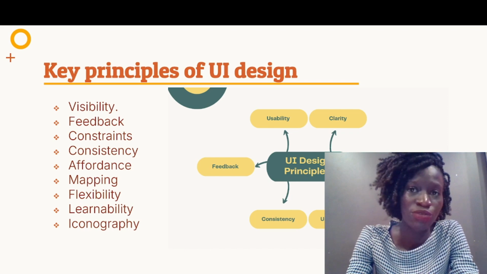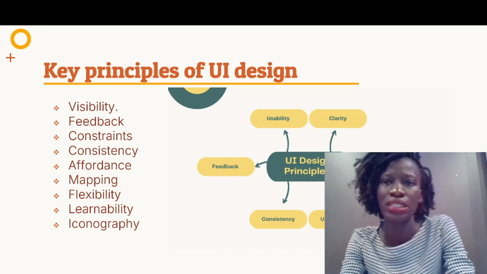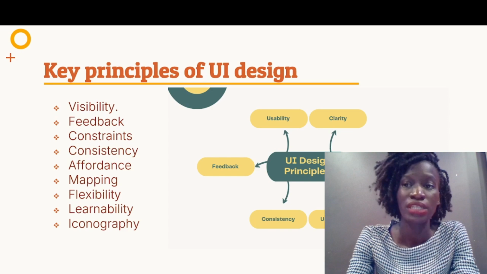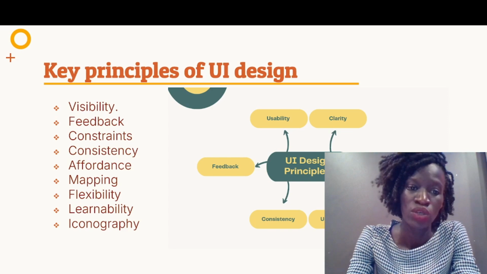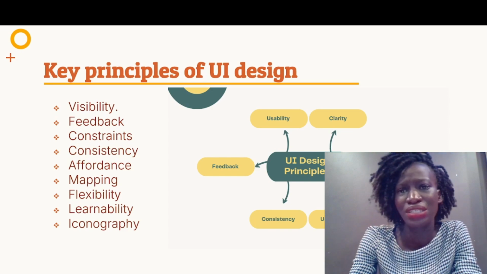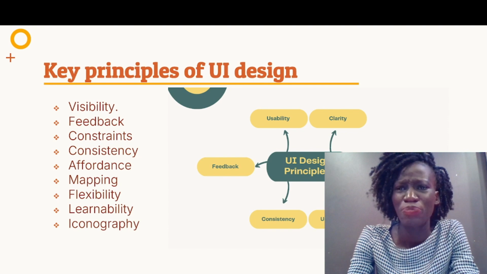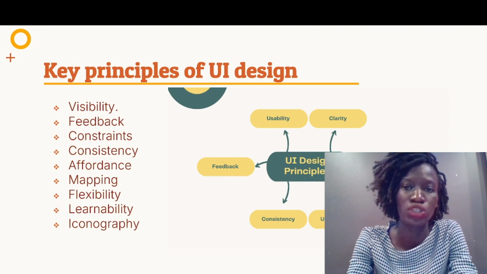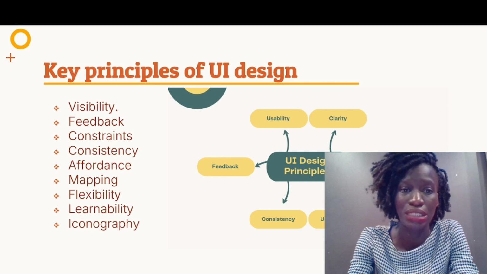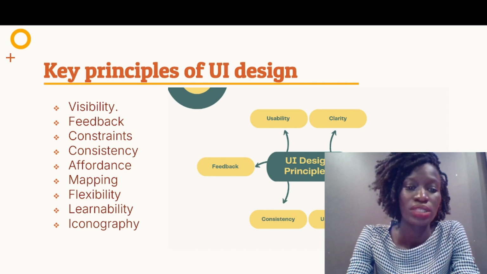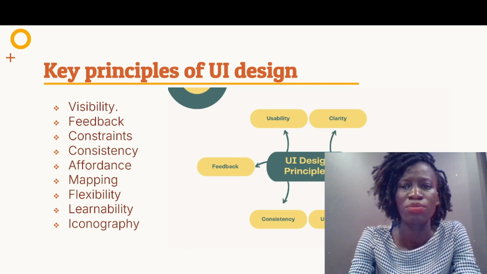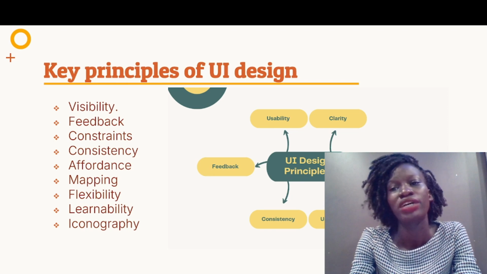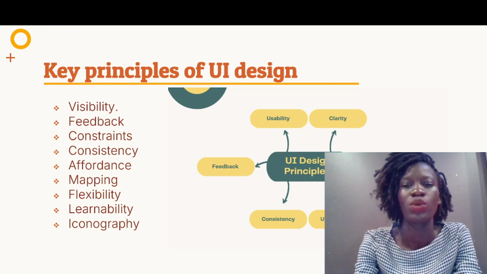Then we have feedback. Provide immediate and clear feedback to users after they perform actions. Constraints. Design the interface in a way that prevents users from making mistakes or limits their actions to valid choices. Then consistency.